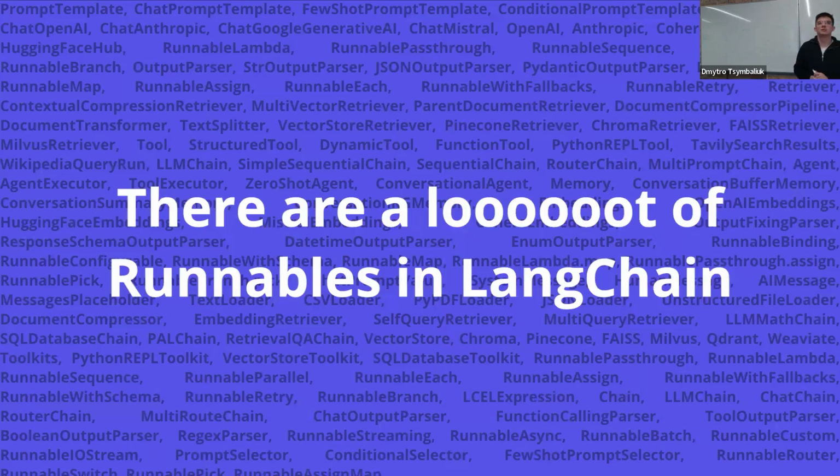There are really a lot of them, and I don't think that in all our career we will use even 25% of all the runnables LangChain can provide, because there are runnables for really different tools and for really different aims.